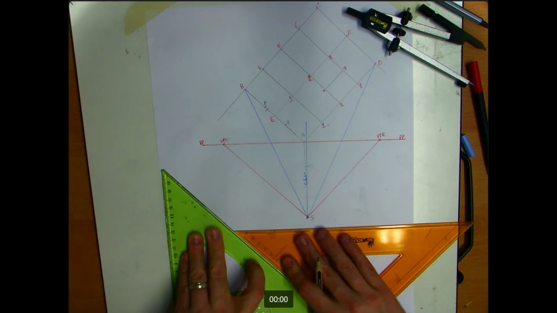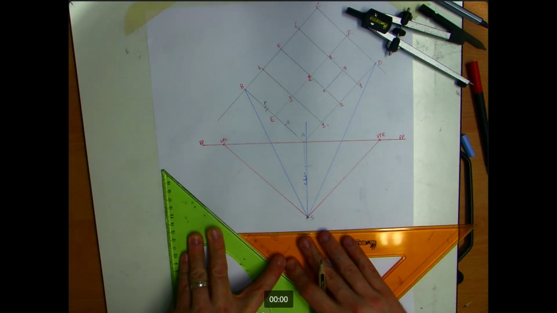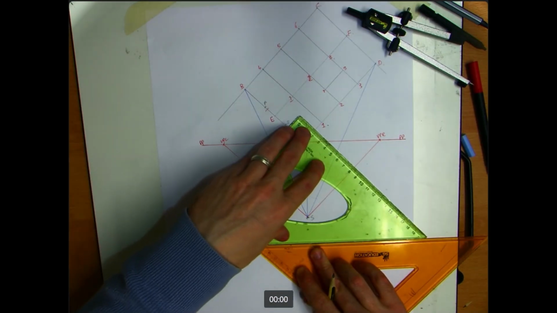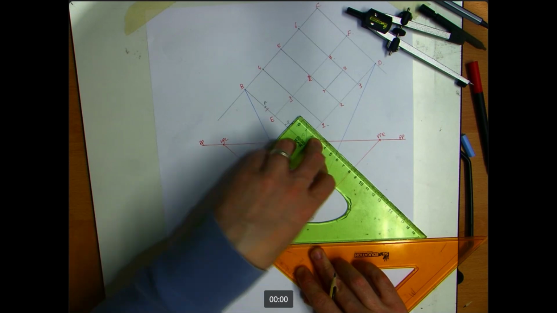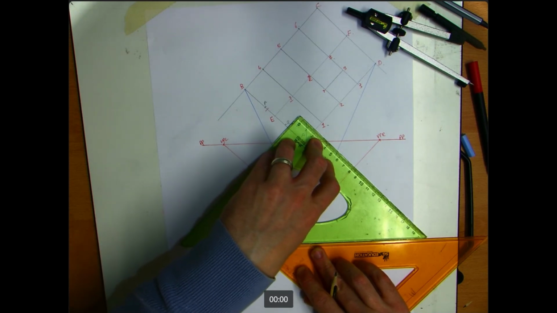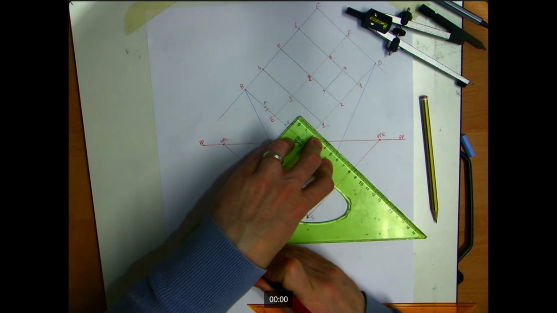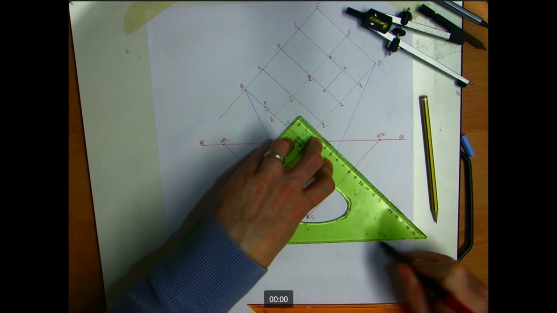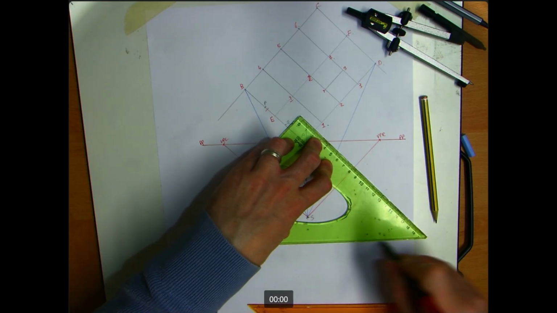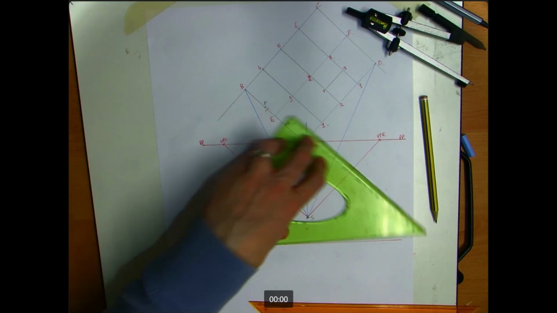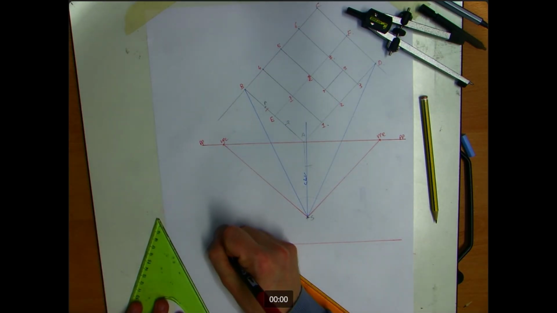I know that the object is above the eye line of the spectator, because the spectator is a height of 65. We have a building or a greenhouse that's 45 plus a slope of 35 degrees, so I'm presuming it's going to be bigger. So there we have our horizon line, HL.